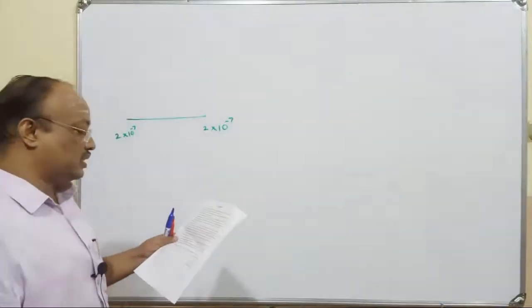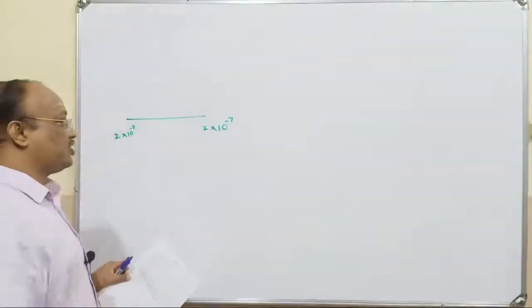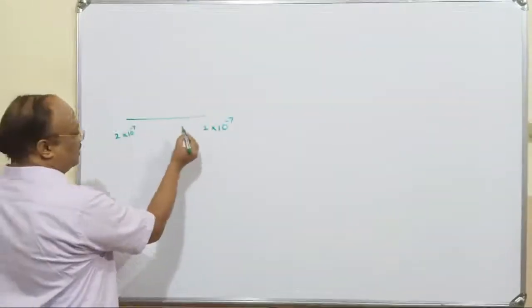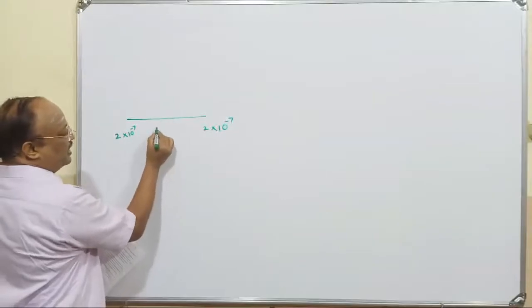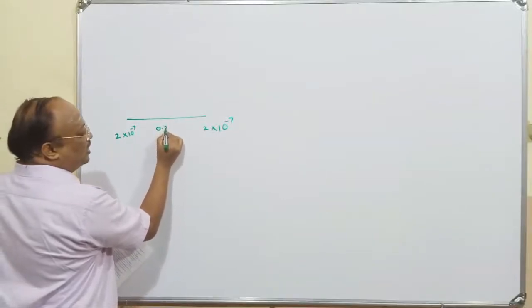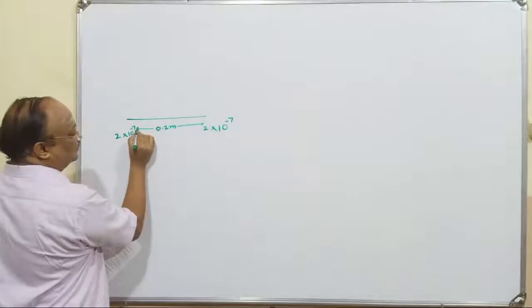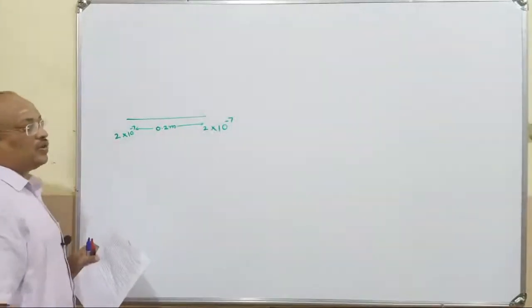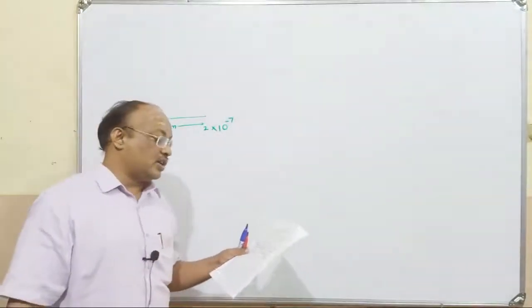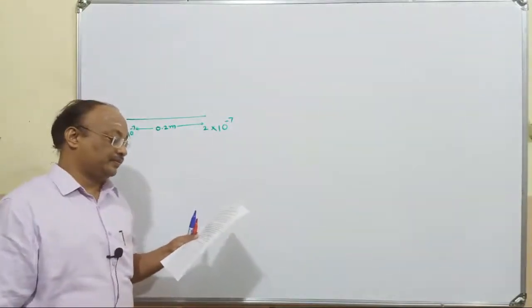Equal charges, each held fixed at a separation of 20 centimeter. 20 centimeter, we say it as 0.2 meter. These two are held at a distance of 0.2 meter.